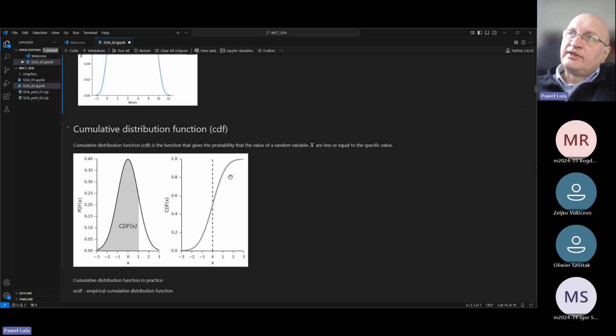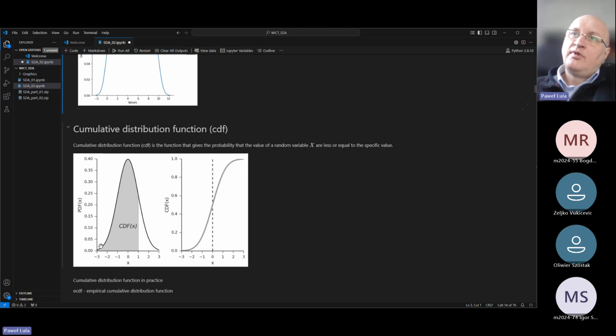How to interpret these values? The cumulative distribution function is a function which allows us to calculate the probability that the value of a random variable x is less than or equal to a specific value.